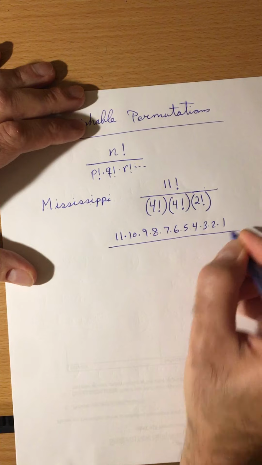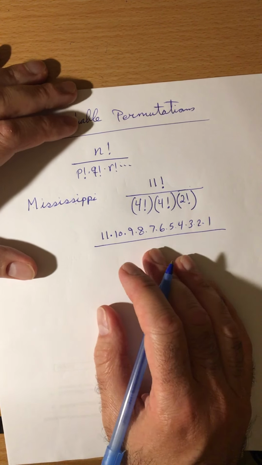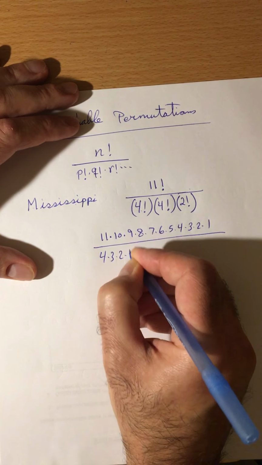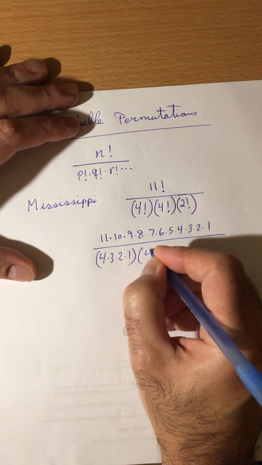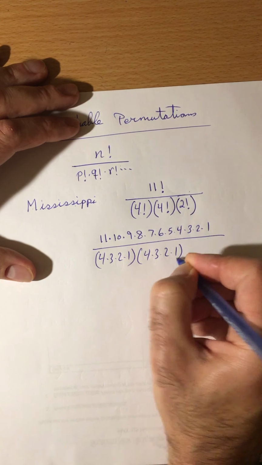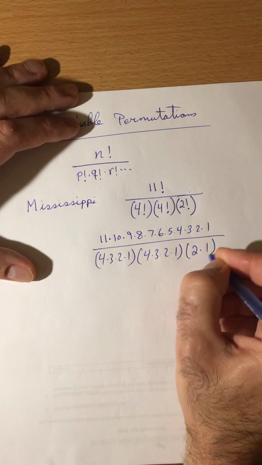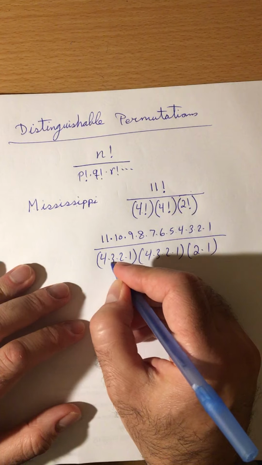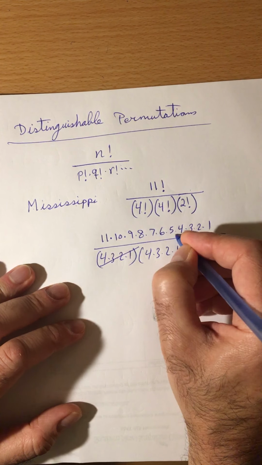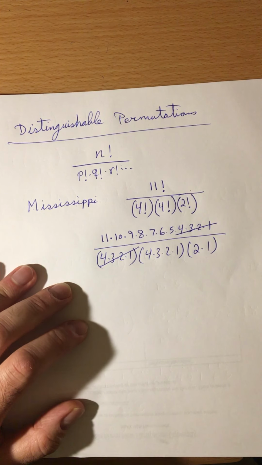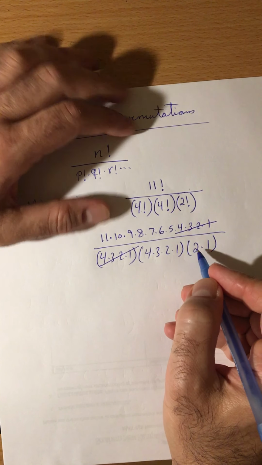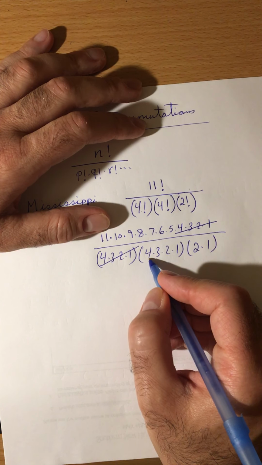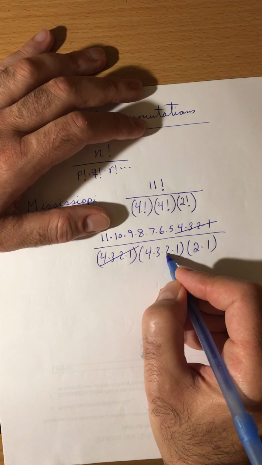Am I crazy? Yes. All right. I can do it by calculator, but so 4 factorial is 4 times 3 times 2 times 1. 4 factorial is 4 times 3 times 2 times 1. 2 factorial is 2 times 1. Okay, let's see if we can simplify. 4 times 3 times 2 times 1, gone. Let's see. We have 4 times 2, which is 8.